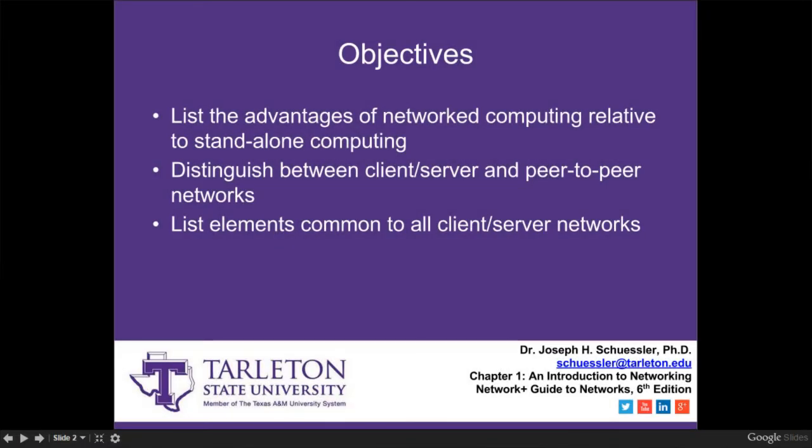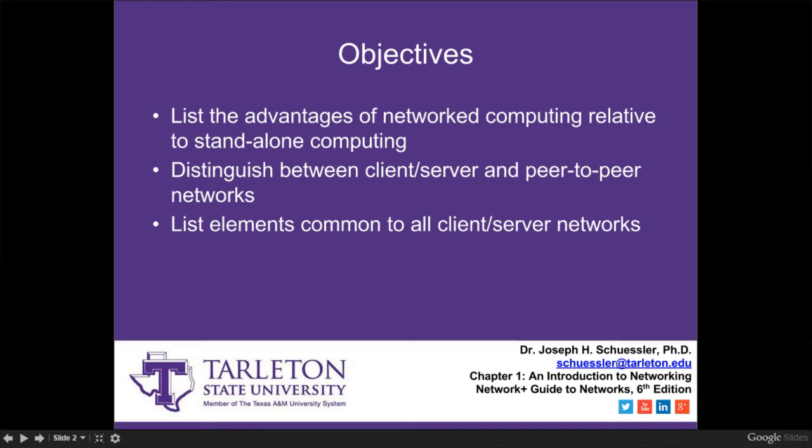So the objectives for this chapter are to talk about the advantages of networking computers relative to just a standalone computer. Obviously, we gain a lot of power by being able to network computers and combine and share resources. So we'll talk about that. We're going to distinguish between clients and servers and peer-to-peer networks.